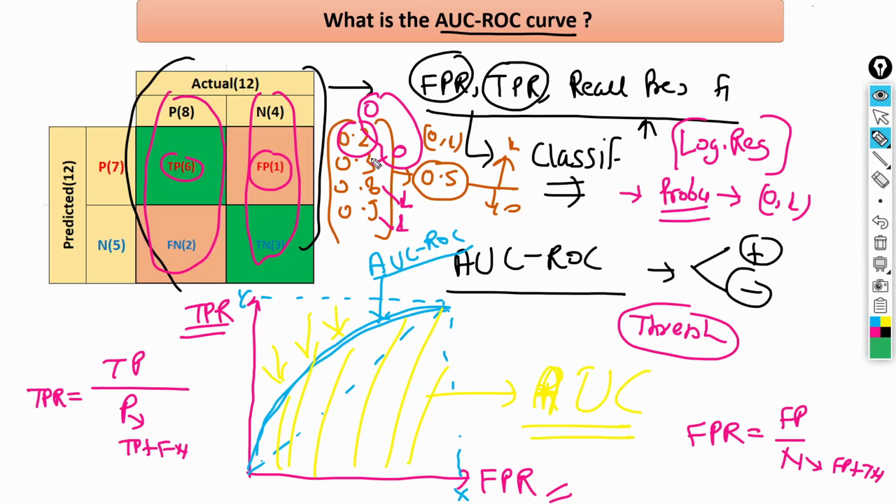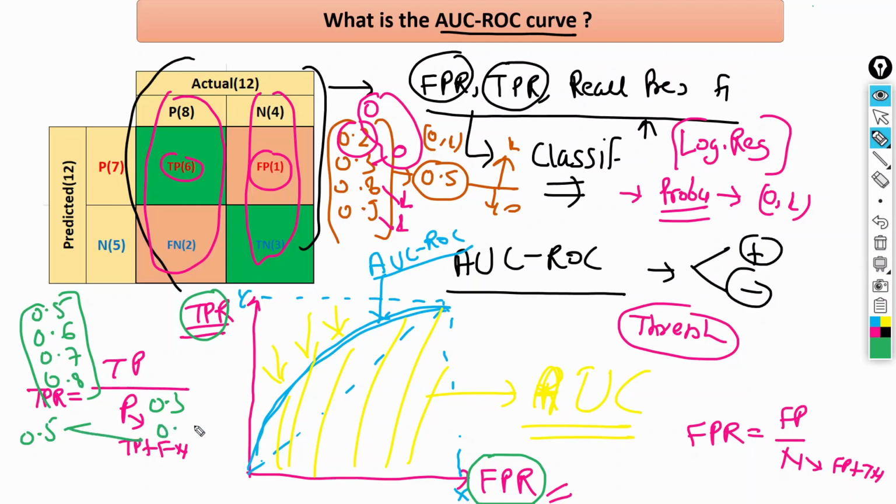If we use a different threshold value, currently I am using 0.5, but I can use 0.6, 0.7, 0.8, then I will get different TPR and FPR. Let's say at threshold 0.5 I am getting a TPR value of 0.3 and FPR of 0.4, then at threshold 0.6 I am getting 0.4 and 0.6.